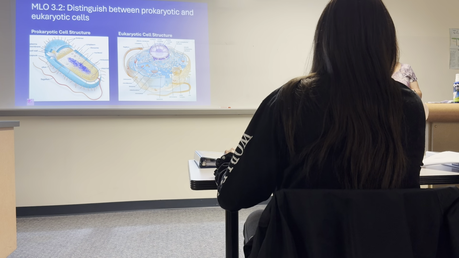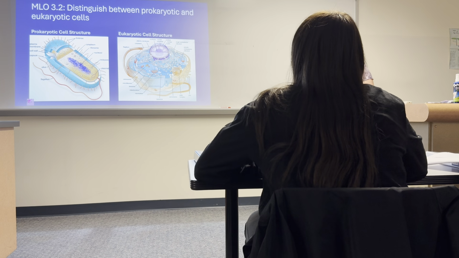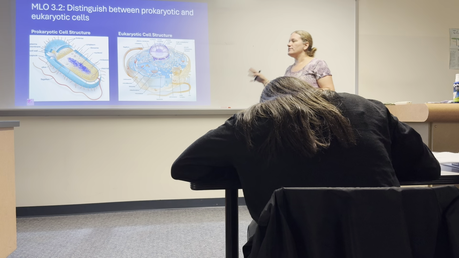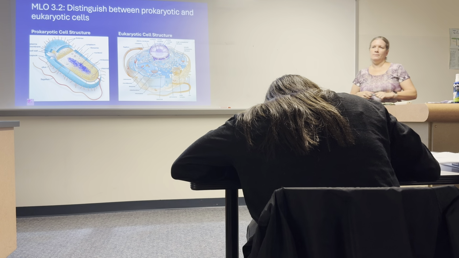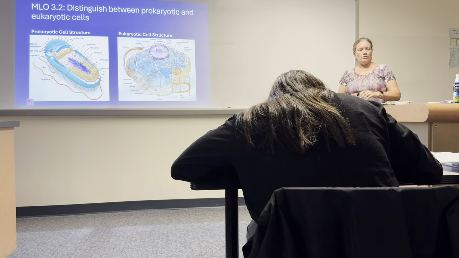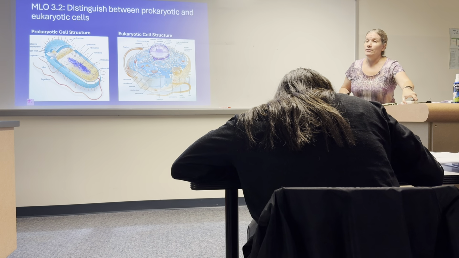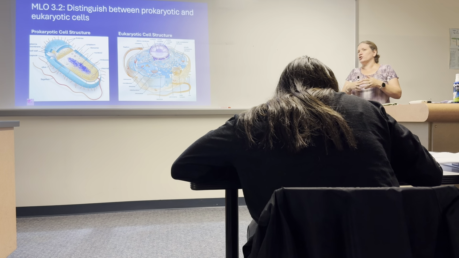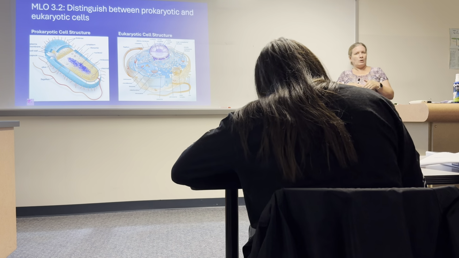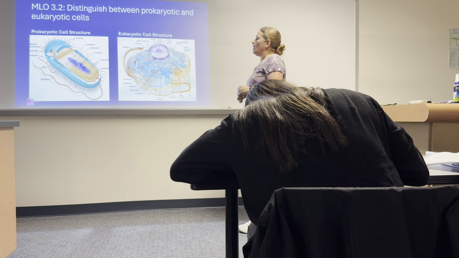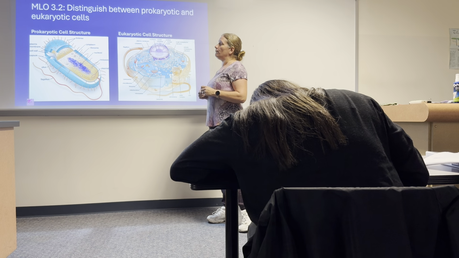The nucleus is just one of many membrane-bound organelles that a eukaryotic cell has that a prokaryotic cell does not. Of course, everyone always focuses on the nucleus, and I understand the reason why, but it is actually just a class of membrane-bound organelles. So that's the biggest difference.